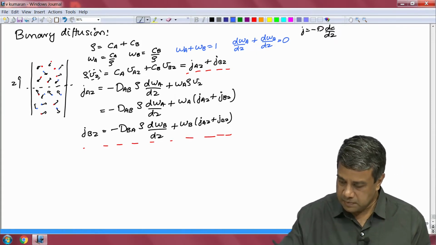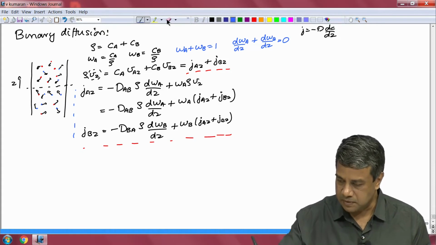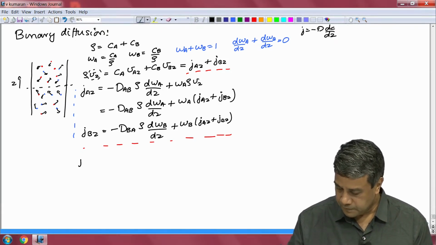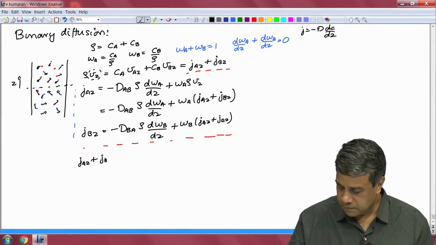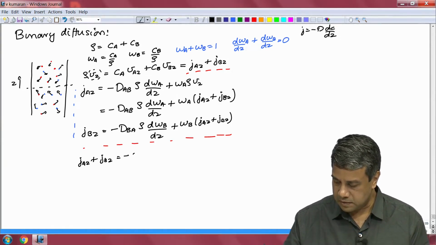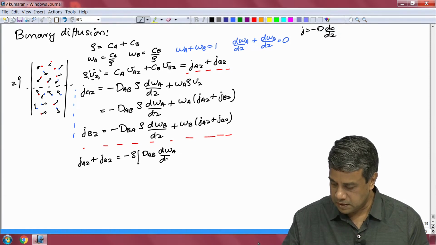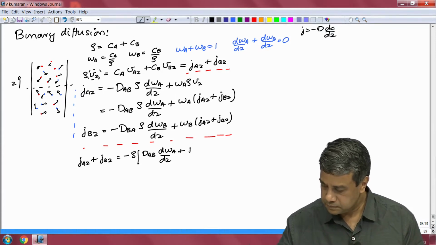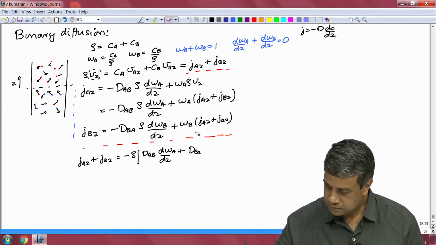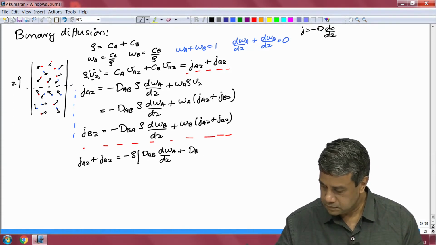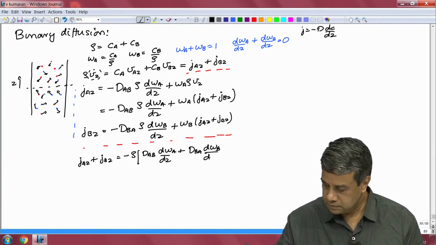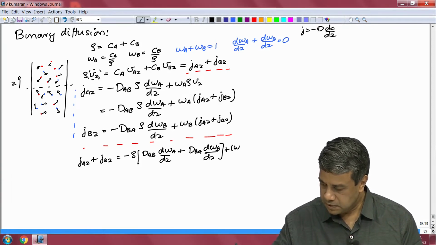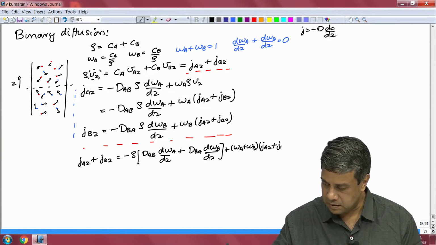So, if I add up these two equations, I will get on the left side minus rho into DAB dWA by dz plus DBA dWB by dz, plus (WA plus WB) into (JAZ plus JBZ).